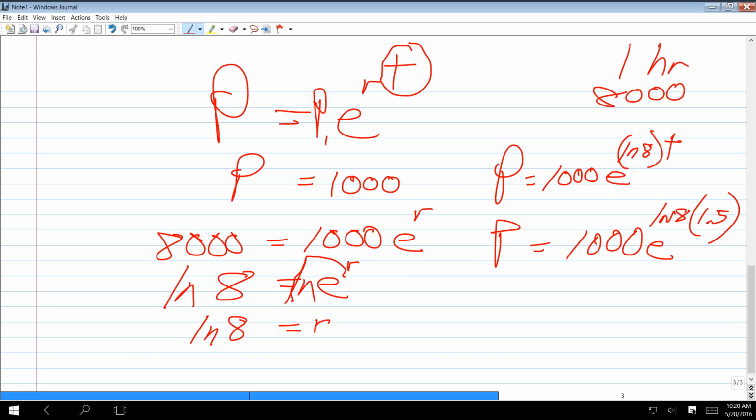Sure, that's probably a little easier. And it's e to the natural log of 8 times 1.5, right? It's 1.5 hours? Yeah. Okay. Notice I could rewrite that. I could put that 1.5 in front and then move it to an exponent, so it's actually the natural log of 8 to the 3/2 power. It's giving me 0 again.